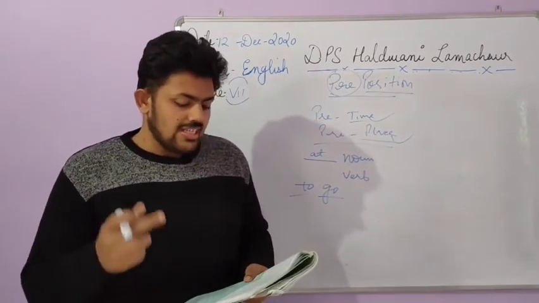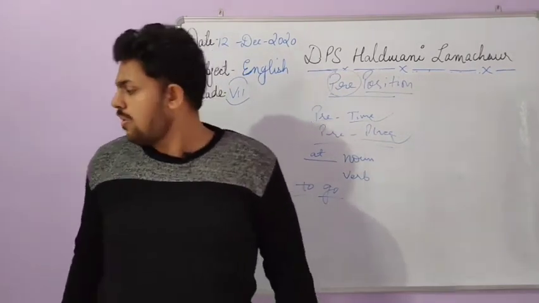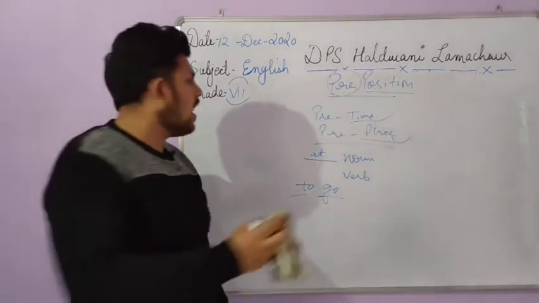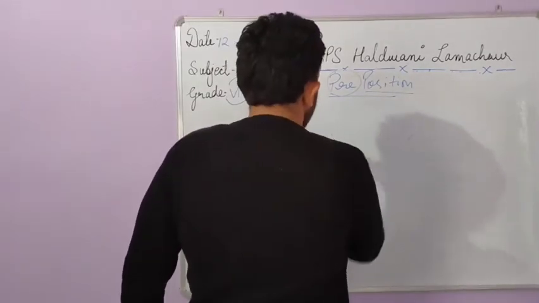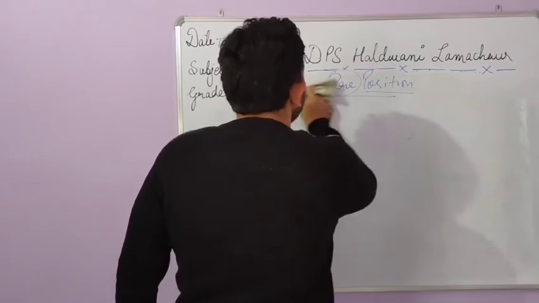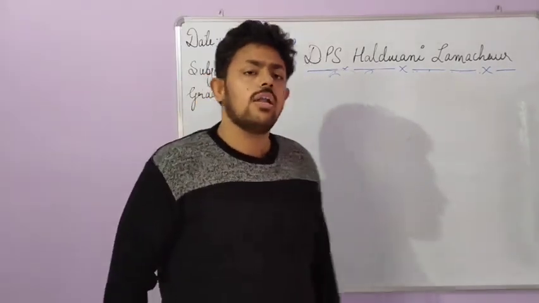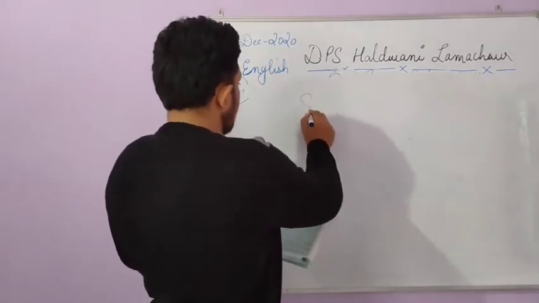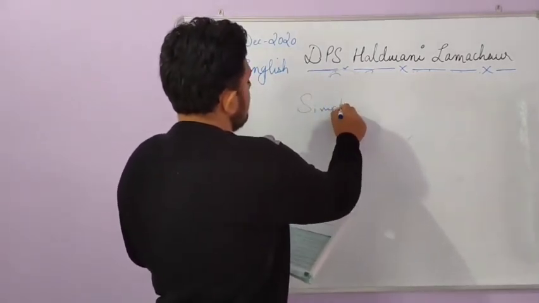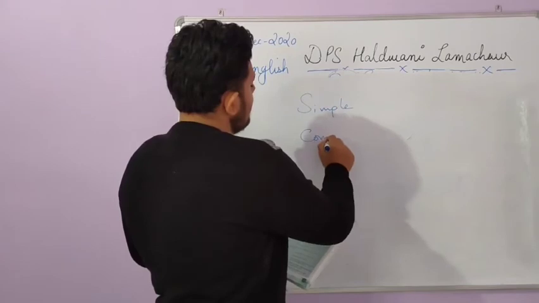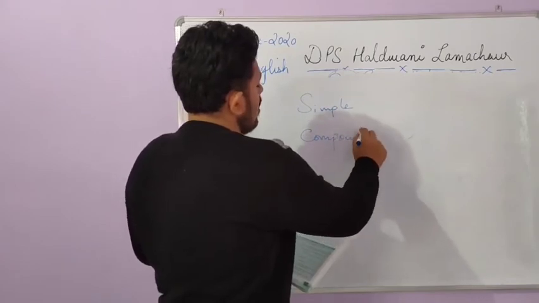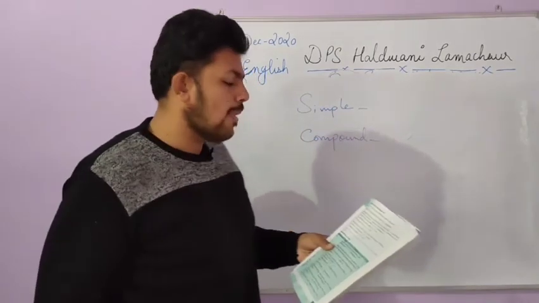Now we are going to classify the prepositions. How? I will show you. There are basically two classifications of prepositions, two major kinds of prepositions, that are, first of all, the simple preposition, second, the compound preposition. What is simple and what is compound?